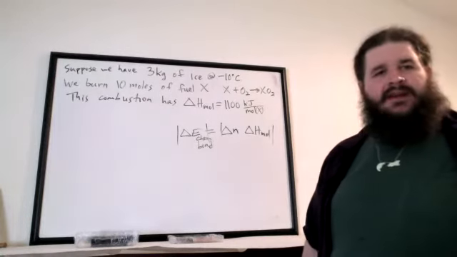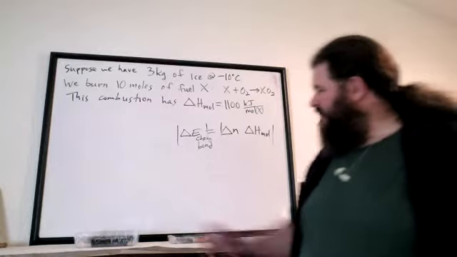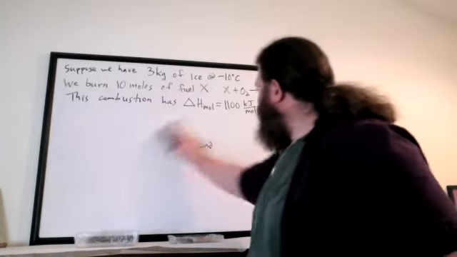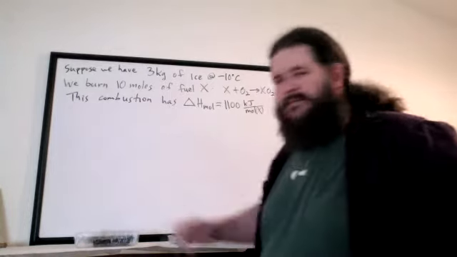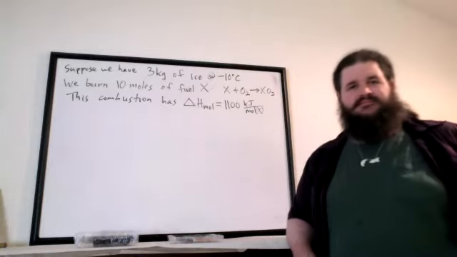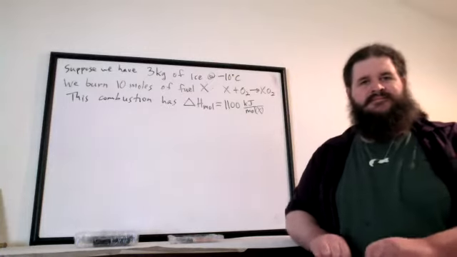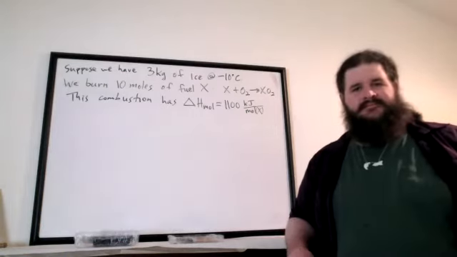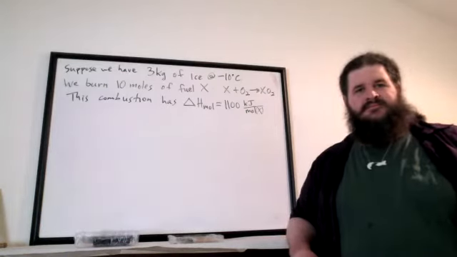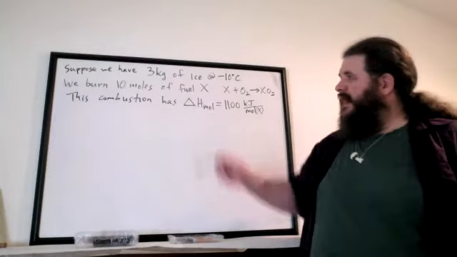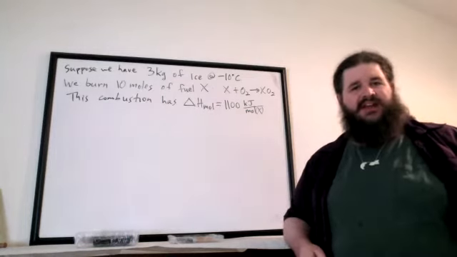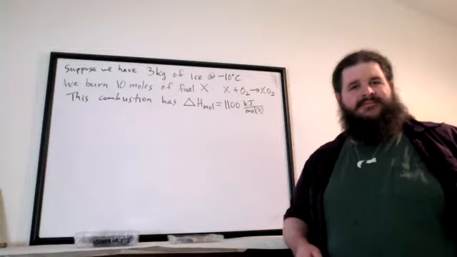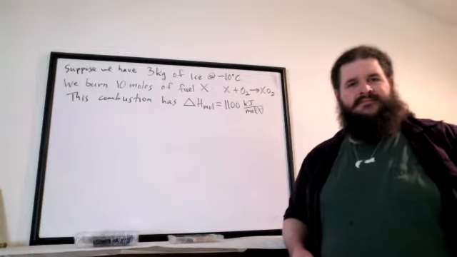But let's see if we can set up an energy interaction diagram. What types of energy are changing here? We're burning the fuel, burning fuel X, so that's certainly going to involve a change in bond energy.